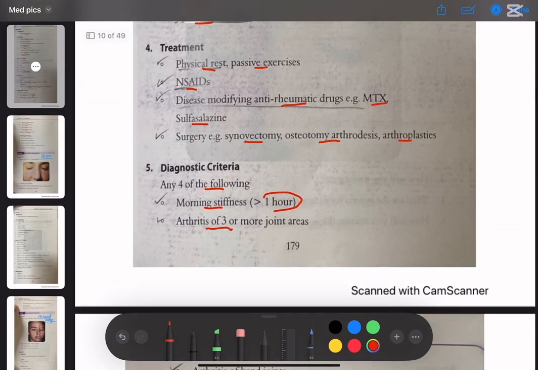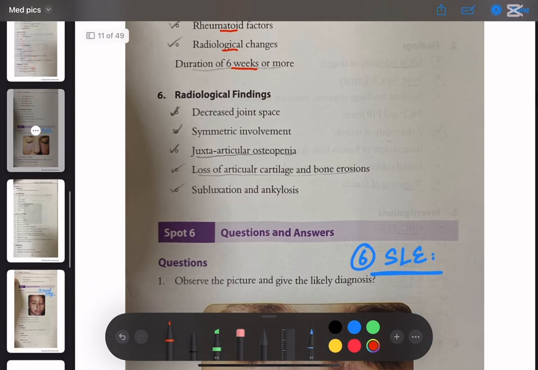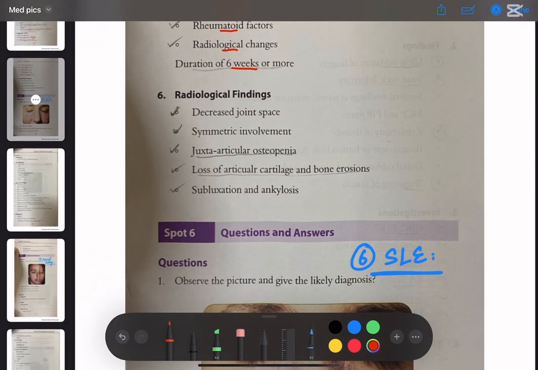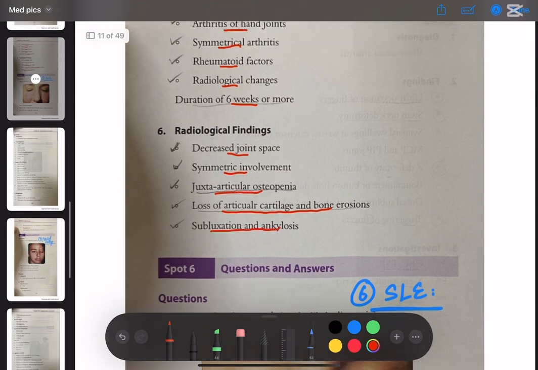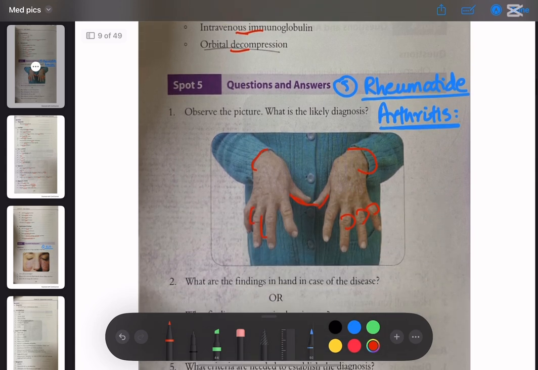These are the diagnostic criteria for rheumatoid arthritis. The radiological findings are that there will be decreased joint space, there will be symmetric involvement, there will be juxta-articular osteopenia, and there will be loss of articular cartilage and bone erosions, and there will be subluxation and ankylosis. Okay, so these are the signs and symptoms of rheumatoid arthritis.